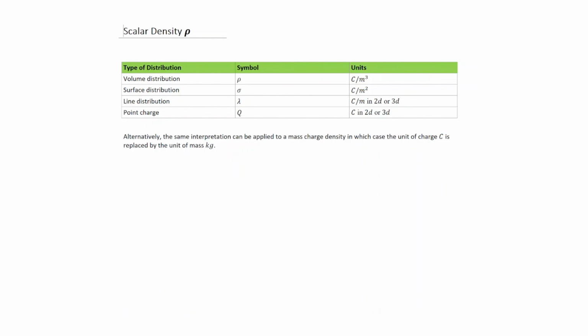And if it's distributed over a single point, the charge would be just straight coulombs in 2D or 3D. Now, I've chosen basically an electrostatics example, but it could also be a calculation involving mass. So in that case, the unit of charge C is replaced by the unit of mass, which is kilograms.